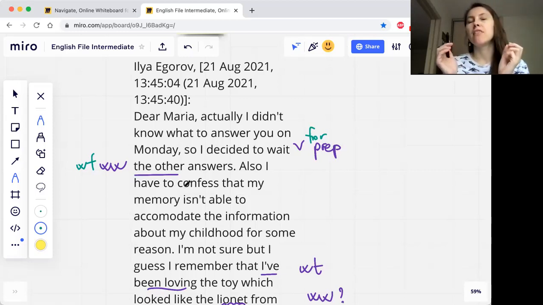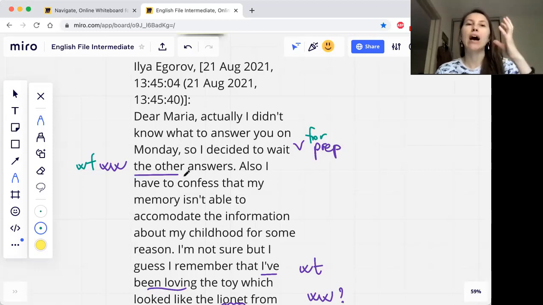I'm going to record a full video explaining the differences of other, another, the other, etc. But now just remember that the combination of the article the plus other or others usually indicates that you have really specific item or items in your mind.